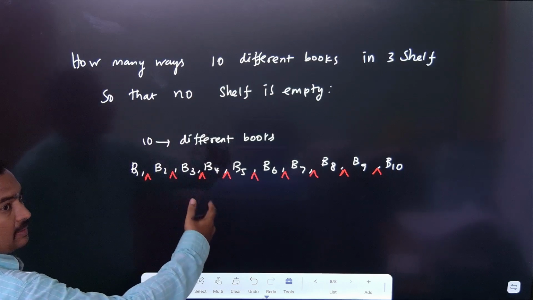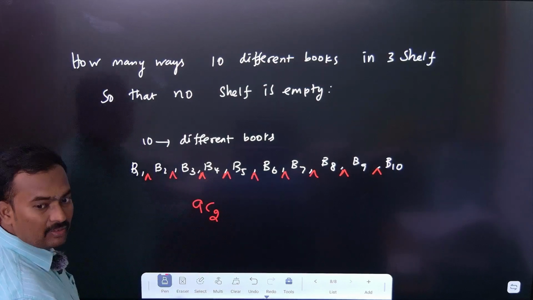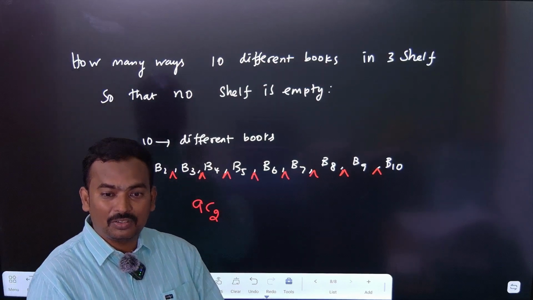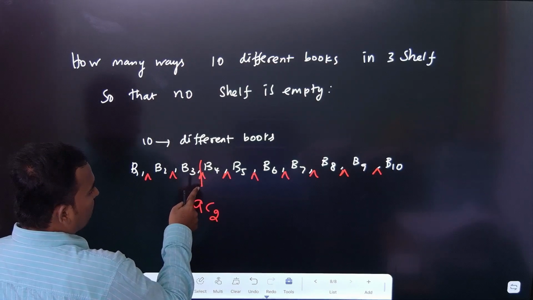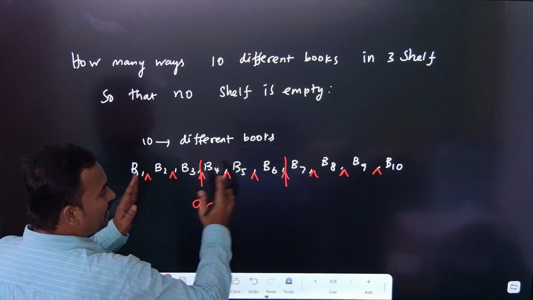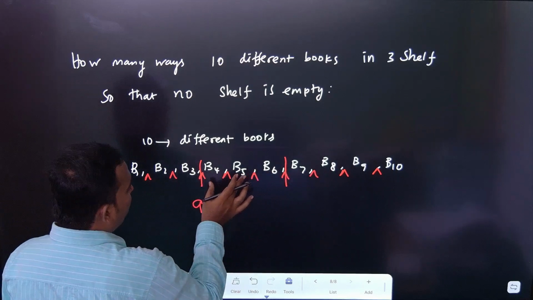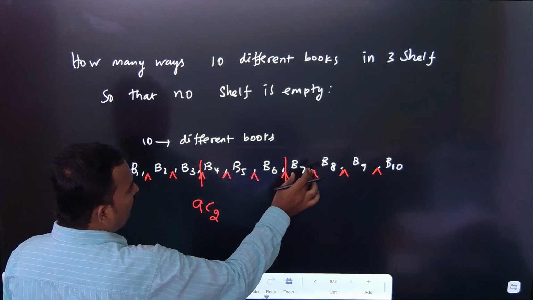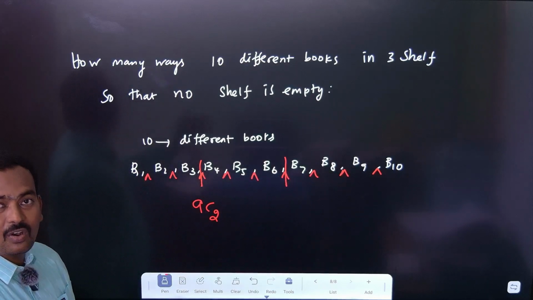Therefore 9 places are there, you have to select 2. Why do we need to choose 2 here? For example, if I select 1 gap here and 1 gap there, you divide into 3 shelves: B1, B2, B3 one shelf, B4, B5, B6 one shelf, and B7, B8, B9, B10 is another shelf. It is ordered, right?